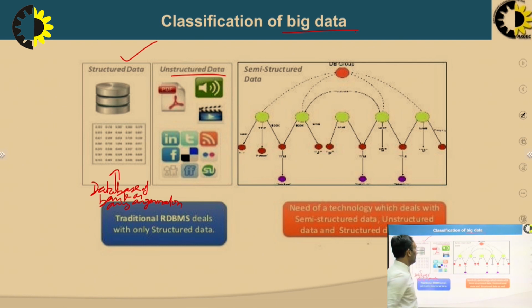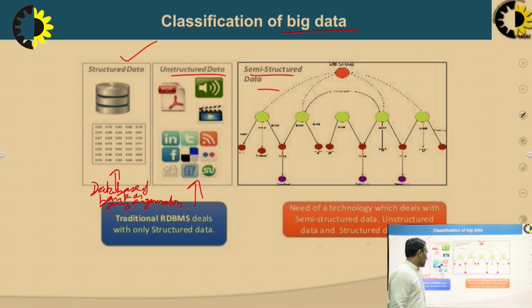Unstructured data is available on the web, or when we are using different social media or e-commerce sites, that comes under the category of unstructured data. And there is a third form of data, that is semi-structured data.